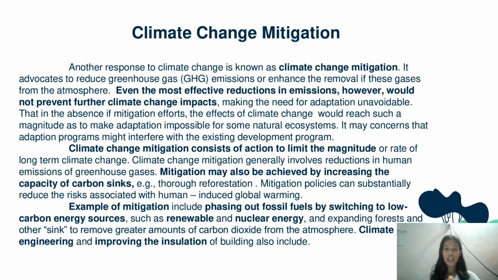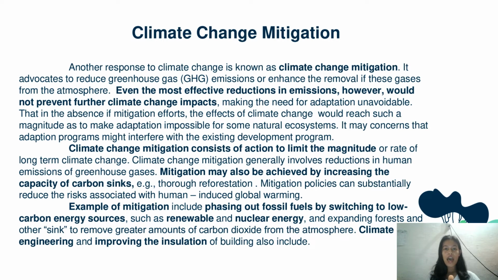So climate change mitigation consists of action to limit the magnitude or rate of long-term climate change. So mitigation kay mag-lessen lang siya sa mga possible na long-term na climate change. So makatabang ni siya para iubos ang mga emissions. So climate change mitigation generally involves reduction in human emission of greenhouse gases.